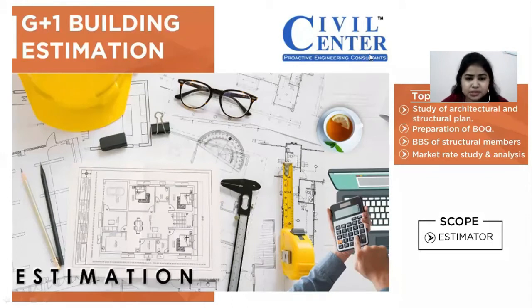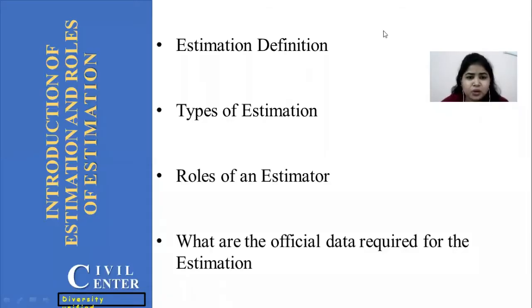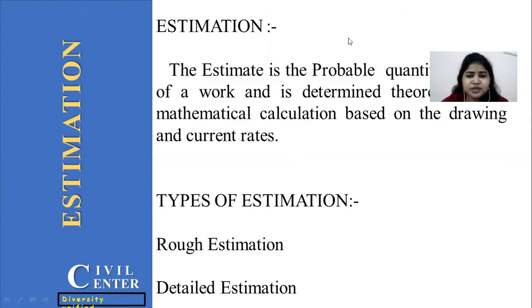Then we will discuss the scope of an estimator. After that, we will know about what is estimation and the types of estimation, role of an estimator, what are the official data required for estimation. So, the estimation is the probable quantity of a work and is determined through mathematical calculation based on the drawing and current rates.